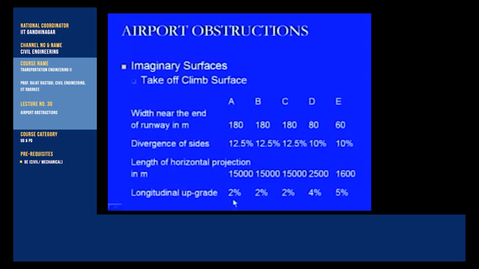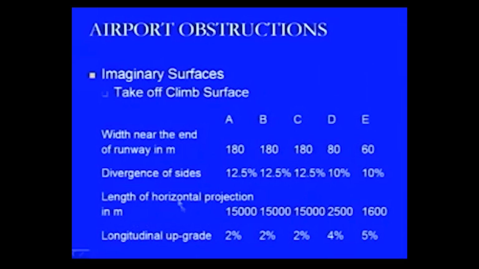And with respect to these particular upgrade rates and the length in which it is moving, if we assume that this is the size of 180 meters at this level and we are going away in this direction, then if we move 15,000 meters, at a rate of 2%, for every 1,000 meters we are increasing 20 meters in height.